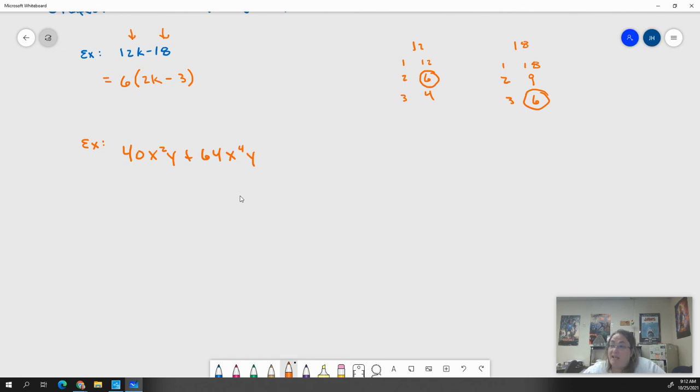The first thing I'm going to look at is what numbers I can factor out. What are my biggest numbers? What is the biggest thing that I can divide out of 40 and 64? You're right, they are divisible by 2, but also they're each divisible by 4, but also they're each divisible by 8. 8 times 5 is 40. 8 times 8 is 64.